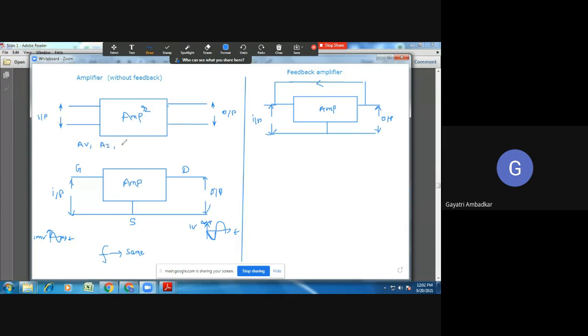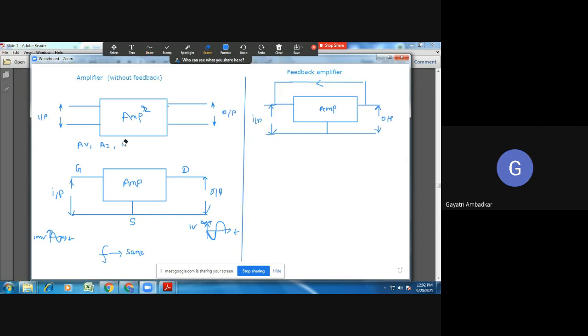If this is a transresistance or transconductance amplifier, I will call the gain differently. I am using the letter A to indicate gain, then I will use the suffix V or I depending on whether it is a voltage amplifier, current amplifier, transconductance amplifier or transresistance amplifier.